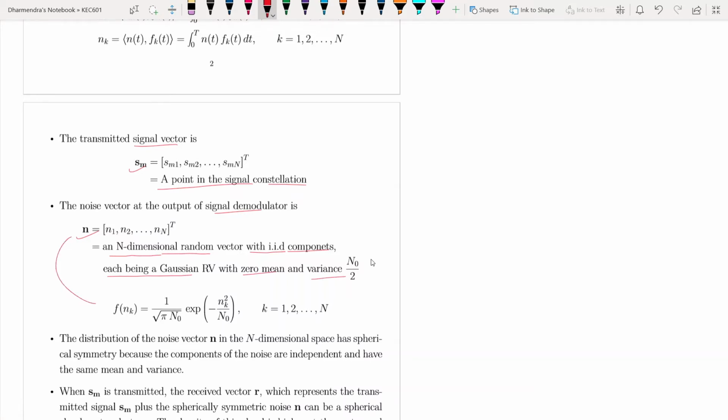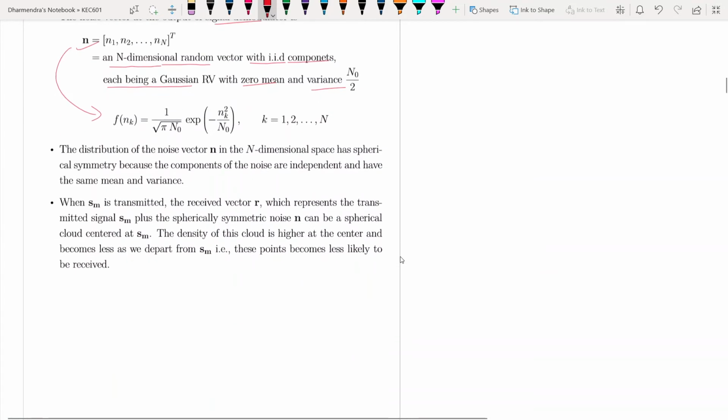A random variable is fully characterized by its PDF, so we can write the PDF of nk, a component of this n-dimensional noise vector. The distribution of the noise vector in n-dimensional signal space is spherically symmetric because the components of noise are independent and have the same mean and variance.